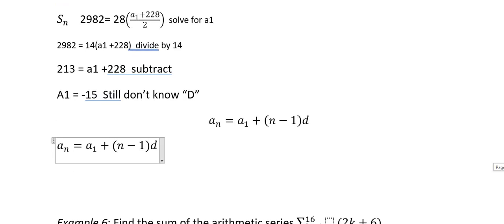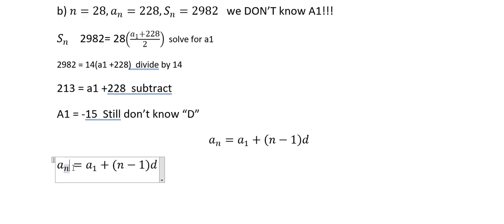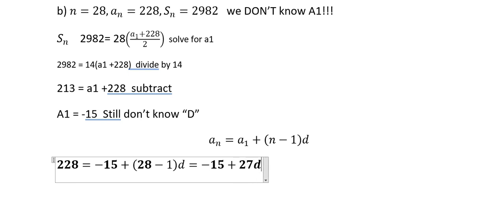Do we have a sub n? Yes, this is 228. Do we have a sub 1? Yes, we just found that. It is negative 15. Do we know n? We do. It's 28. And we don't know d. So we just have to solve this. So negative 15 plus 27d is 228.